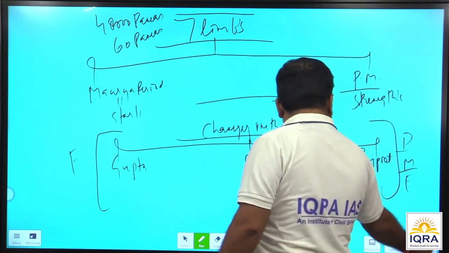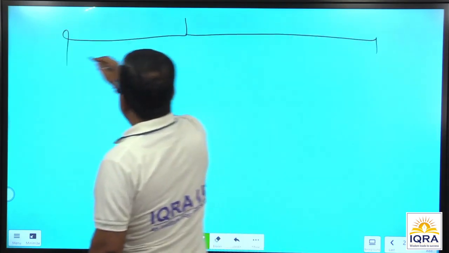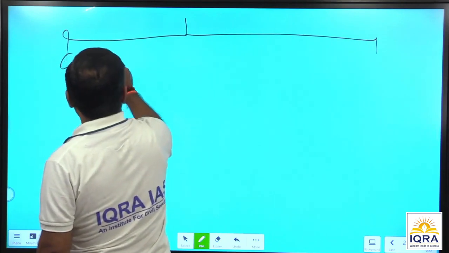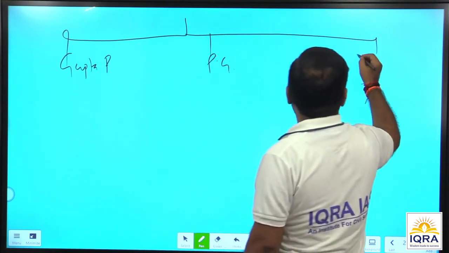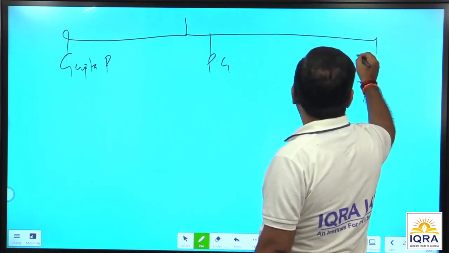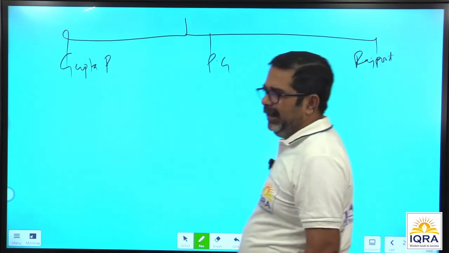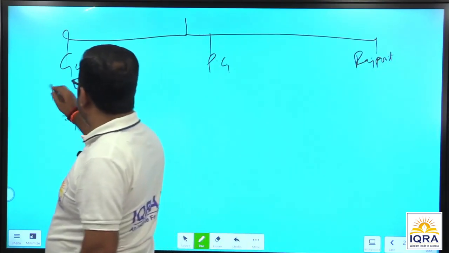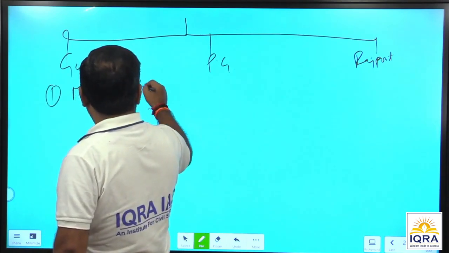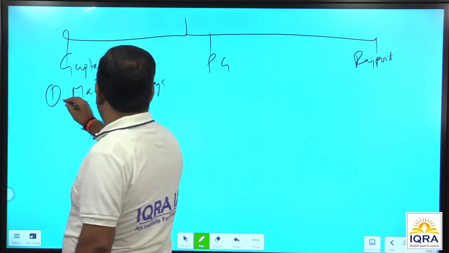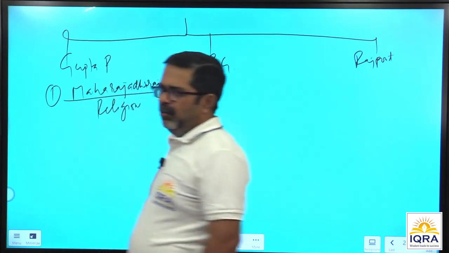Let's see what happened in the 7 limbs in Gupta period, post Gupta, then Rajput period. King takes the title Maharaja Dhiraj, and now he is bound by religion. What is his title?